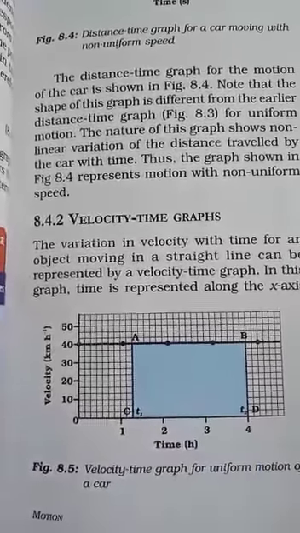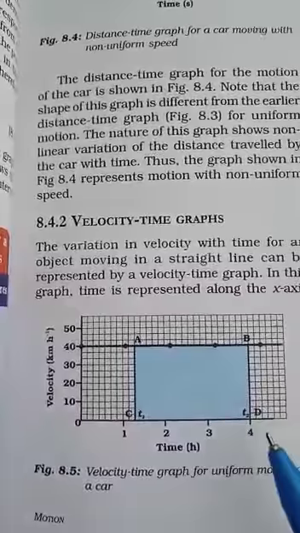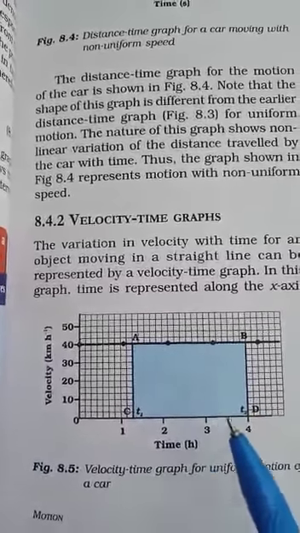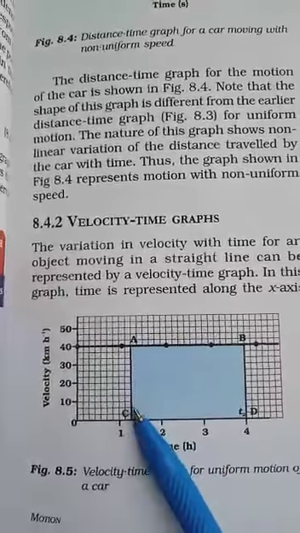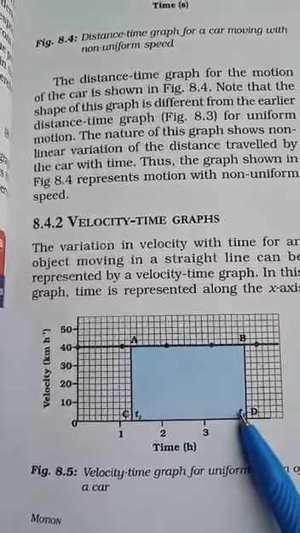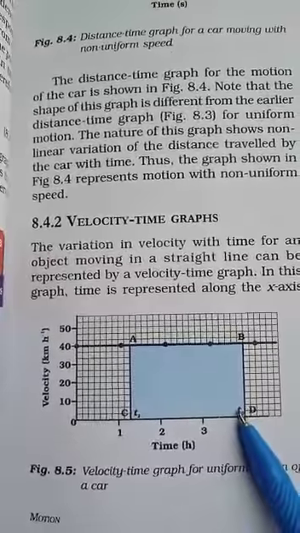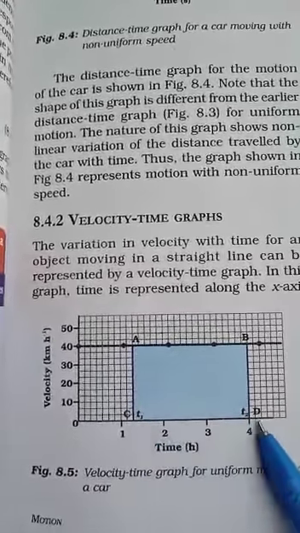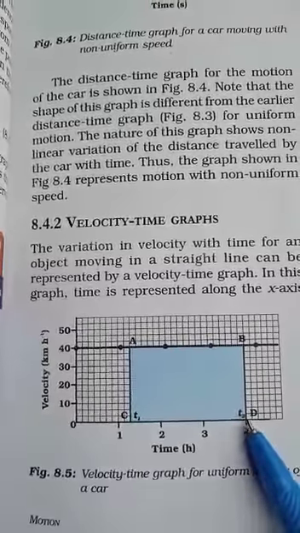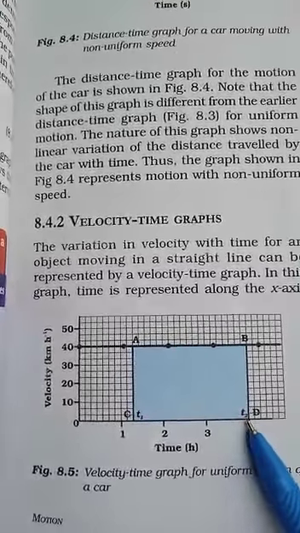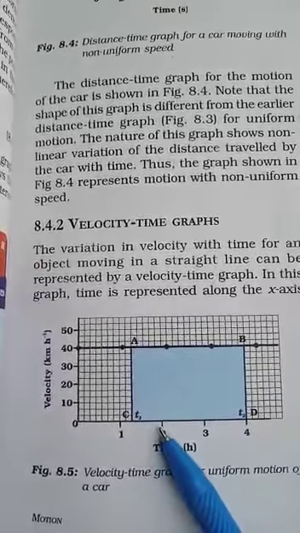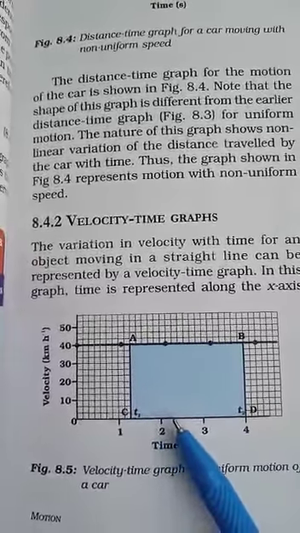So student, to know the distance moved by the car between T1 and T2, using this figure, draw perpendiculars from the points corresponding to T1 and T2 on the graph.